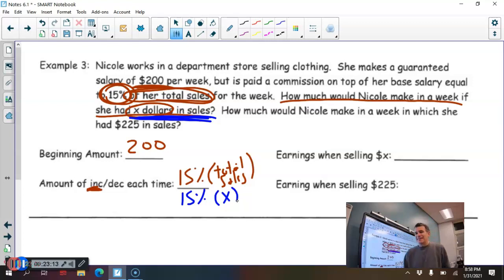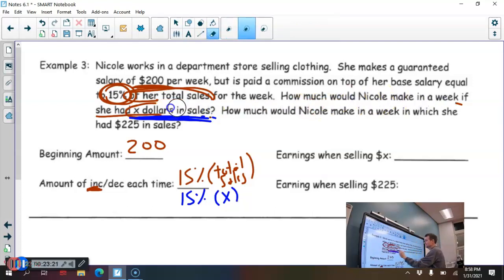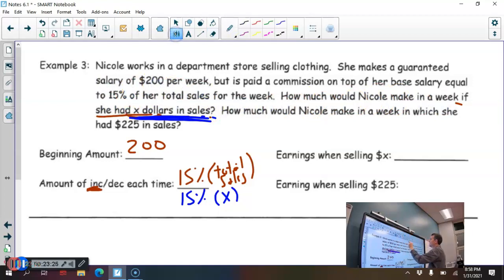All right, that's one thing. So the second thing I want you to see is this. It wants us, let me go back and say this again. It wants us to write an equation. How much would Nicole make in a week if she had X dollars in sales? So right here, we want her earnings when selling X dollars.